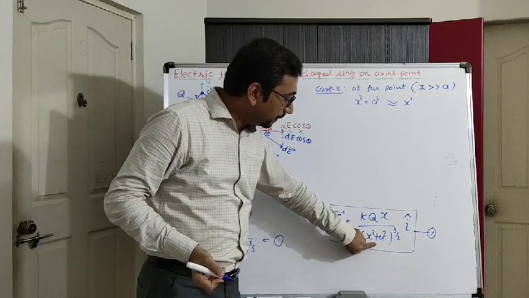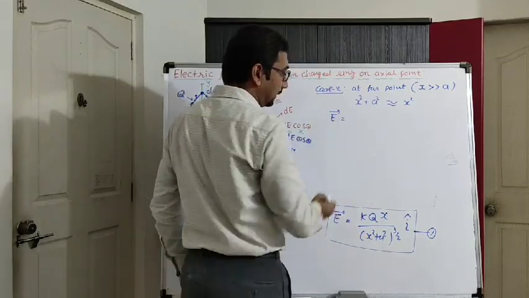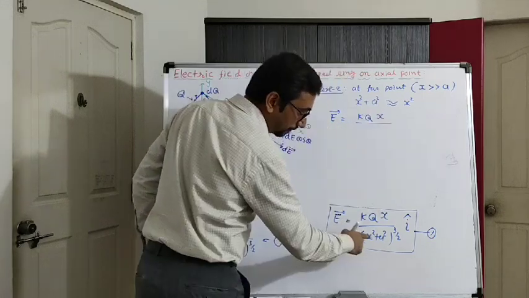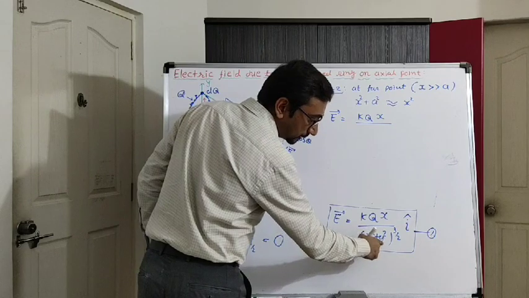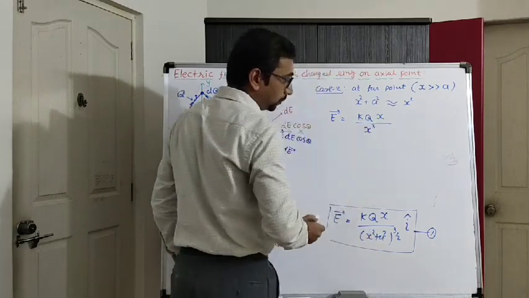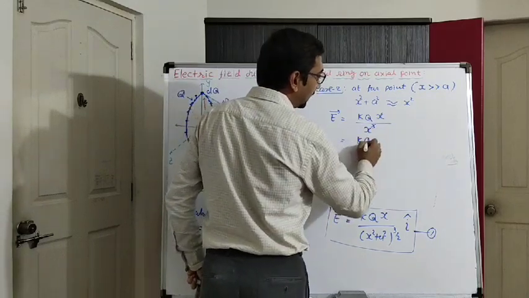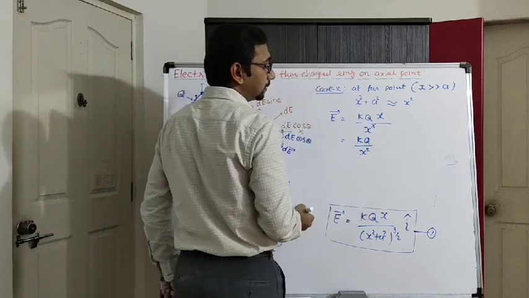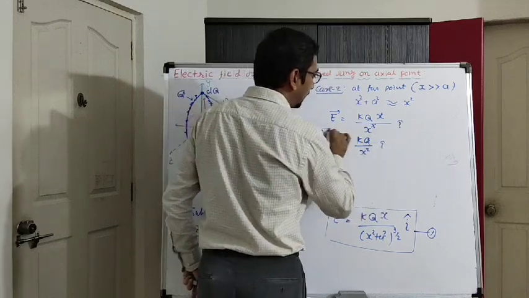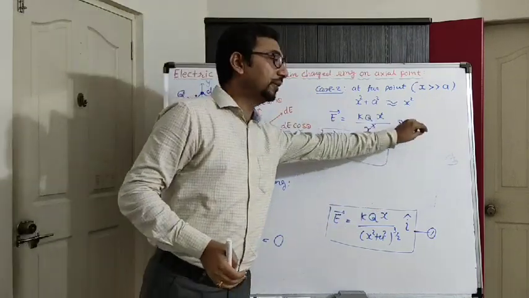So from equation 1, E is equal to kqx upon x cube. x and x cube we can cancel out, so we get kq upon x square. Direction will remain the same. So this is electric field due to ring at a far away point.